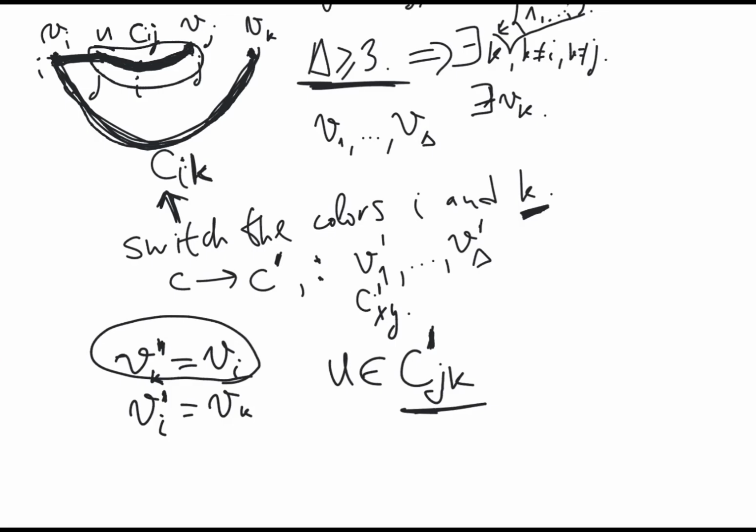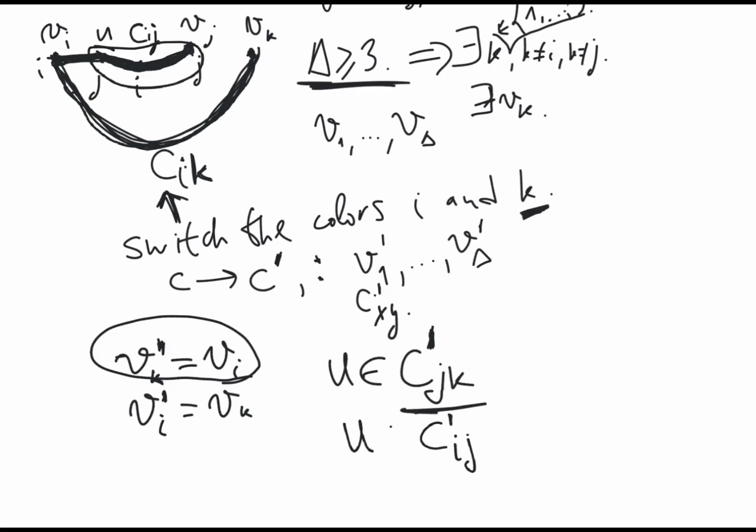This means that this part of the path must belong to Cij prime.